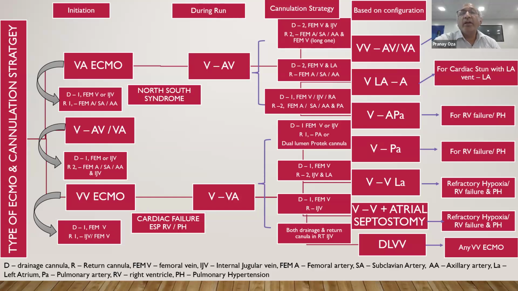You can use two drainage cannulas, either from the femoral and jugular vein, or you can even drain the LA in case of VA ECMO when the patient goes into cardiac stunning, or a patient with severe hypoxia goes into right ventricular failure. In that case, you can switch over to VA or VPA ECMO. So there are different permutations and combinations that you can use in this space.